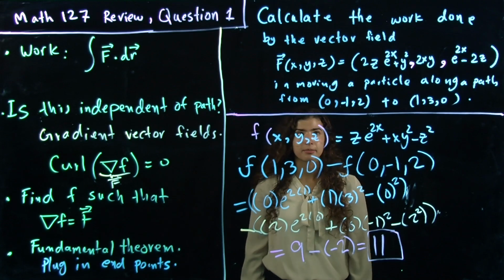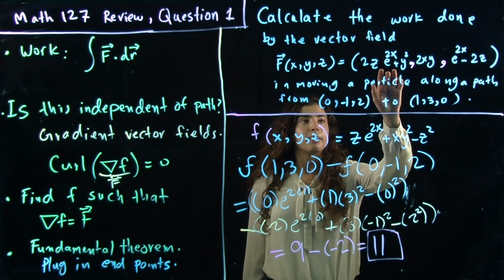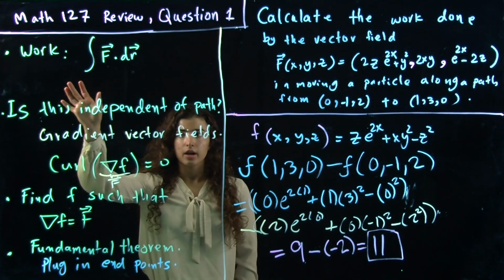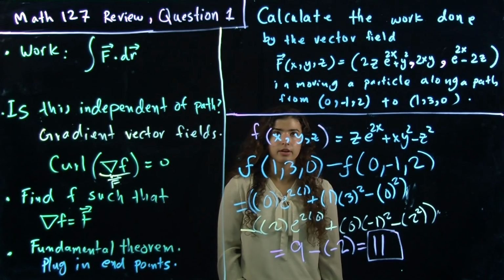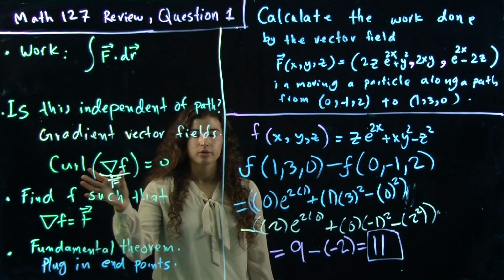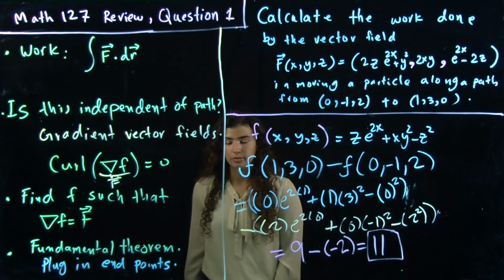All right, so to summarize what we've just done, we calculated the work done by this vector field, and so we had to use this line integral. And so when we did that, we had to consider whether or not it was independent of path. And so to do that, we took the curl of the gradient vector, which is this, and then we found that it was equal to 0, so we could go from there.